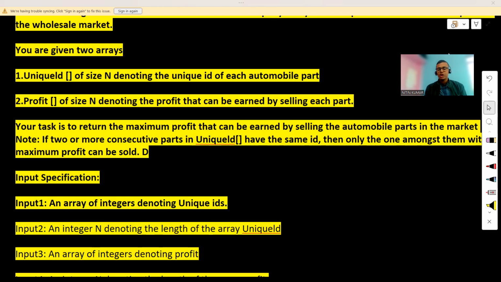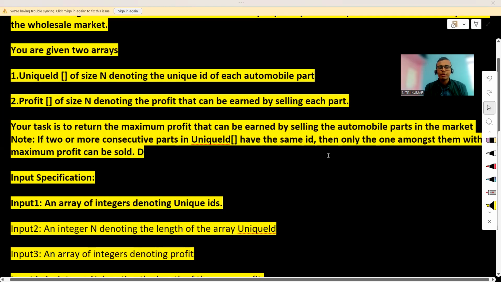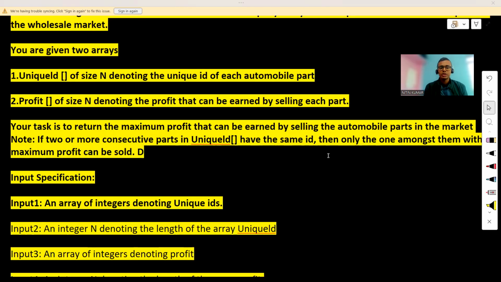Now in the note portion it is written: if two or more consecutive parts in the unique ID array have the same ID, then only one amongst them, the one with maximum profit, can be sold. This is the interesting part of this problem. Consecutive means that they come directly one after another.